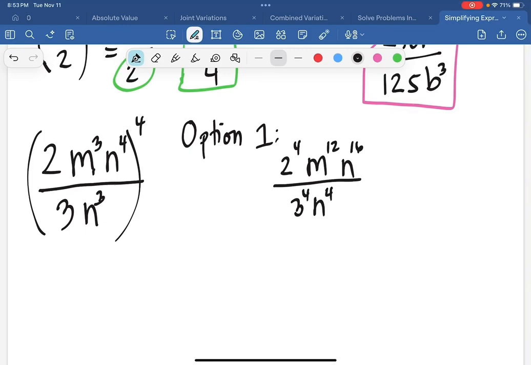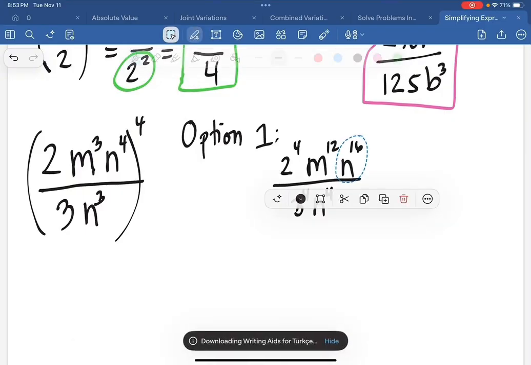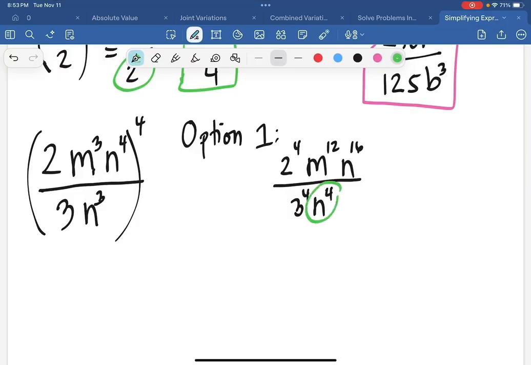So based on this, aside from the numbers, we can simplify the variables n raised to 16 and this one as well, because they have the same base. So basically, we're just applying the previous rule that we had earlier. So 2 raised to 4 is 2 times 2 times 2 times 2, which is 16. And then m raised to 12. And then n raised to 16, oops, what did I write there?